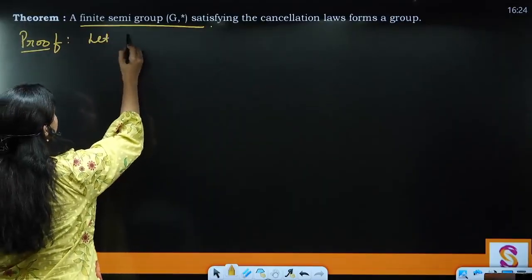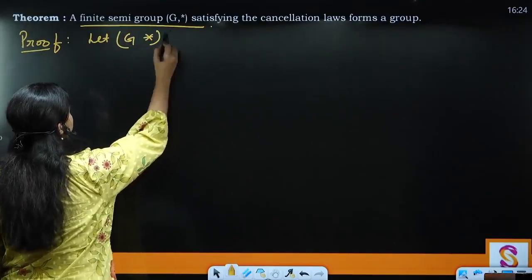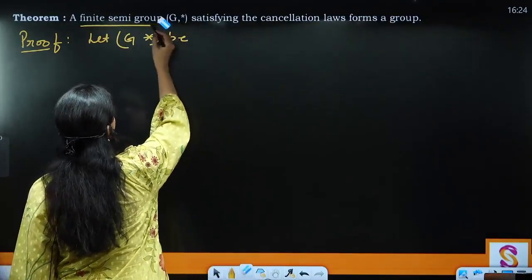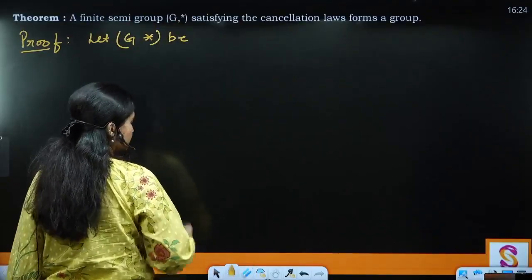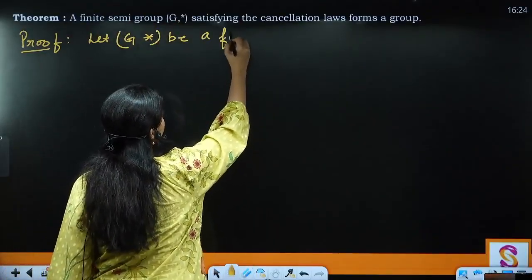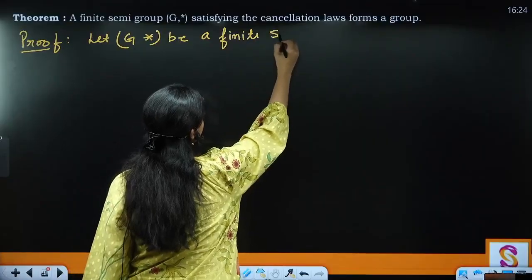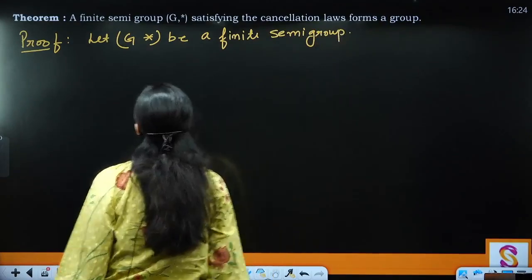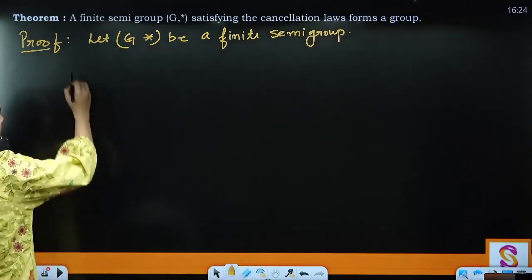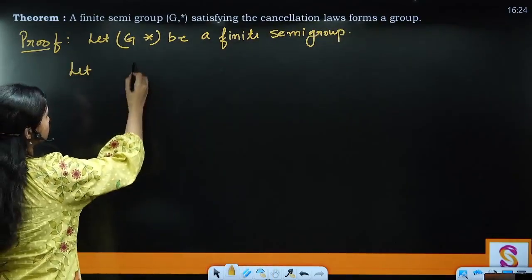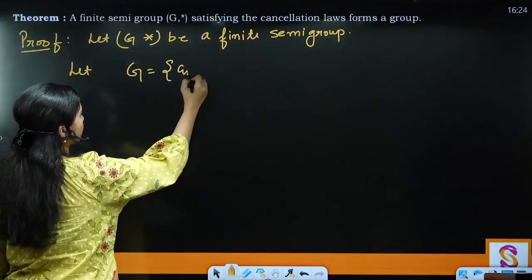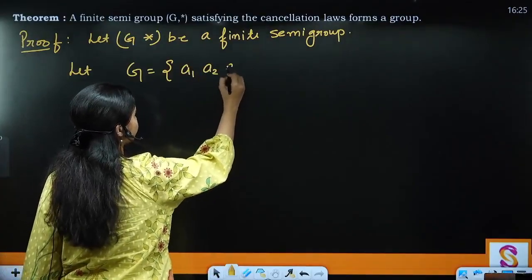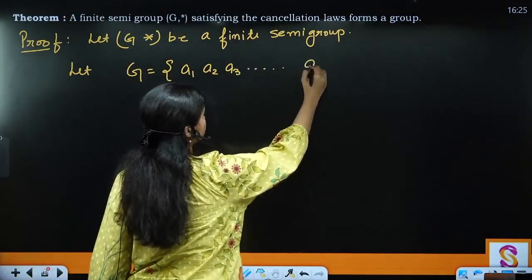let G star be a finite semigroup, right? Let G equals A1, A2, A3 and till AN.